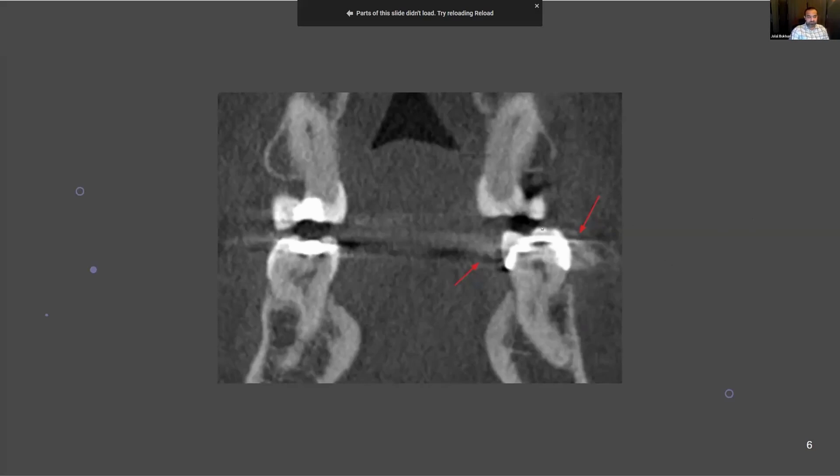We can note that the molars on both sides are restored with some kind of metal or very high density entities. And these are actually represented by metal fillings or even metal restorations, metal crowns. We can note that there are streaks right next to these crowns, and these streaks are either very bright or very dark. And these actually represent streaking artifacts or beam hardening artifacts that are originating from these metal restorations.